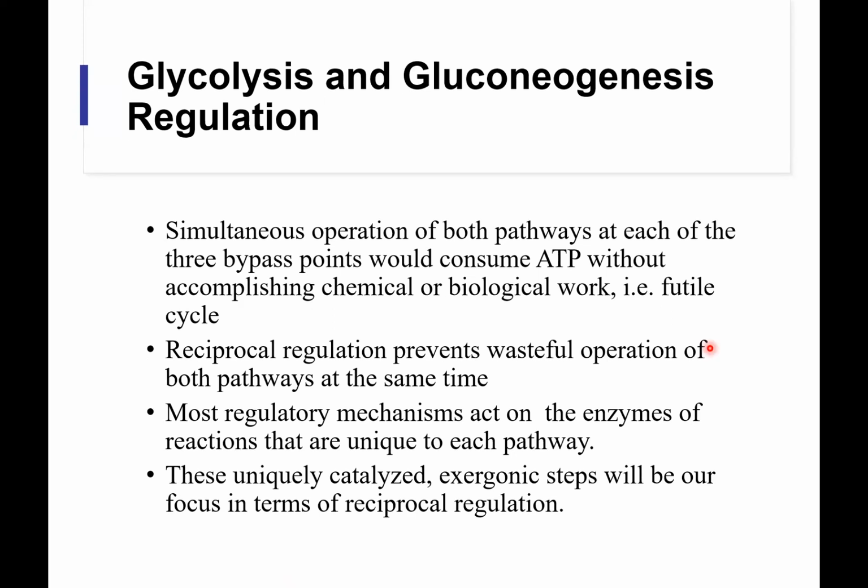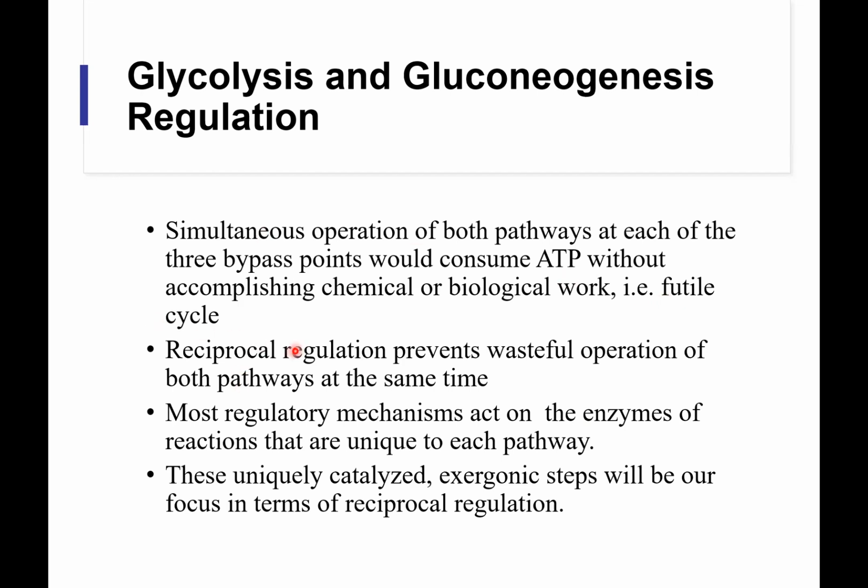Okay, so as noted, if these pathways were just the reverse of one another, we would have something called a futile cycle. We wouldn't really be able to accomplish much in the way of chemical and biological work. And we have a solution through something called reciprocal regulation.